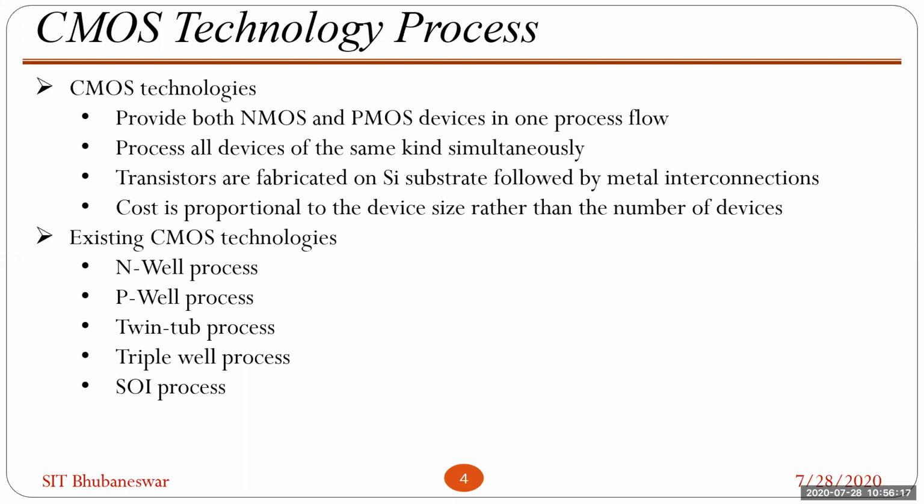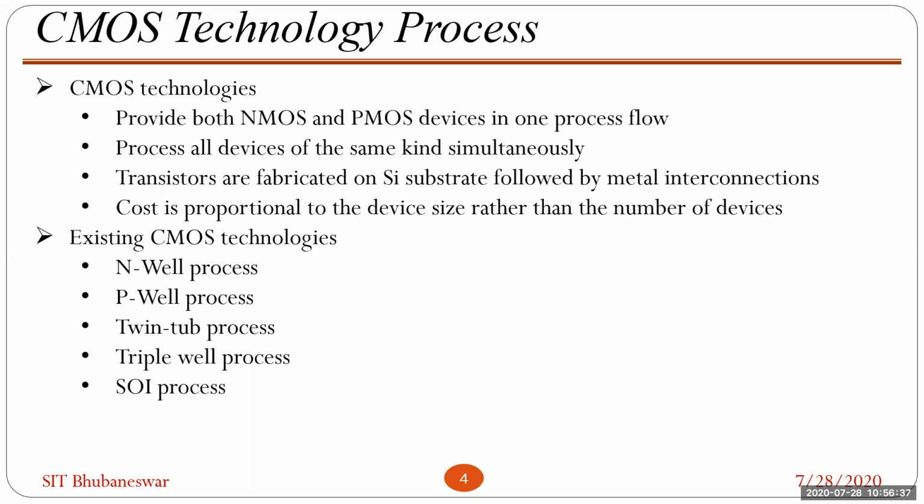In this CMOS technology process, in the fabrication, both NMOS and PMOS devices are made in one process flow. There is no separate process flow for NMOS and separate process for PMOS.